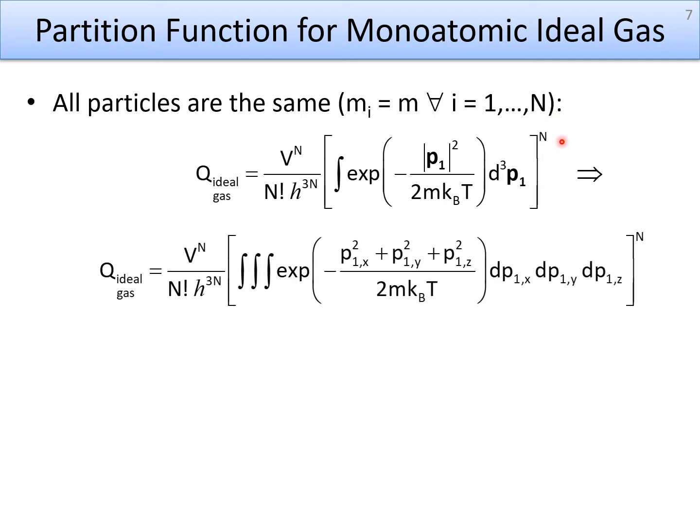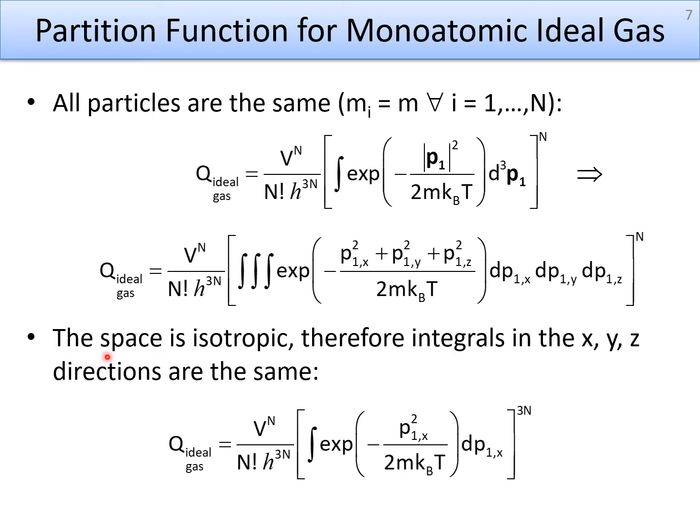Then I can also expand this. This is the norm of the momentum vector squared, which is simply equal to the x component squared plus the y component squared plus the z component squared. Very simple operations here. And again, I'm just expanding this differential to what it is, dp1x times dp1y times dp1z.